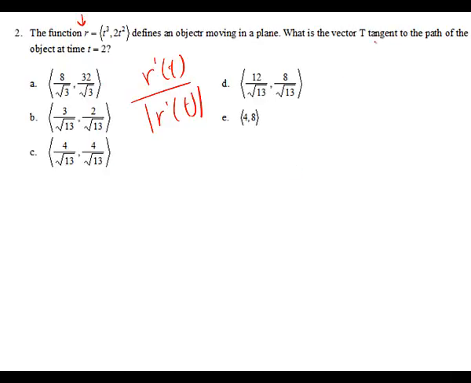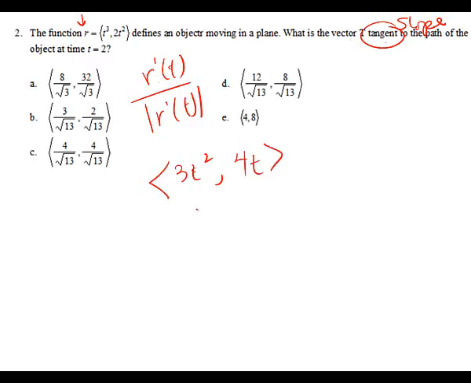So it does the vector of the tangent, so the tangent we know is the slope and slope means derivative, right? So let's take the derivative of the function, and then we're going to evaluate it at 2. So what's the derivative of that vector? 3t squared, 4t, right?